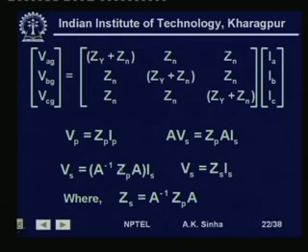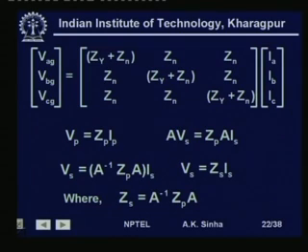This we can write as Vs is equal to Zs into Is, and this Zs is nothing but A inverse Zp into A. So, the positive, negative and 0 sequence impedances from the phasor quantities can be found using this relationship, Zs is equal to A inverse Zp into A.